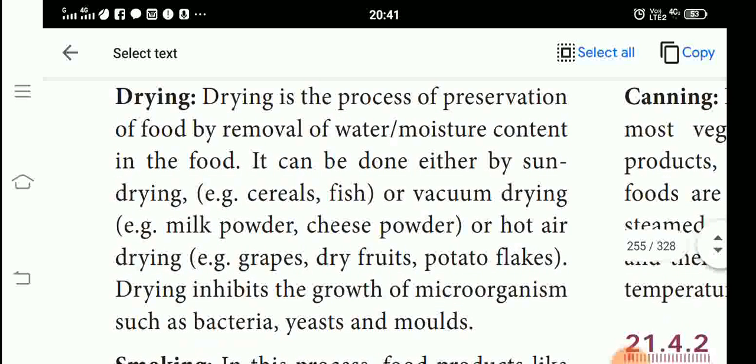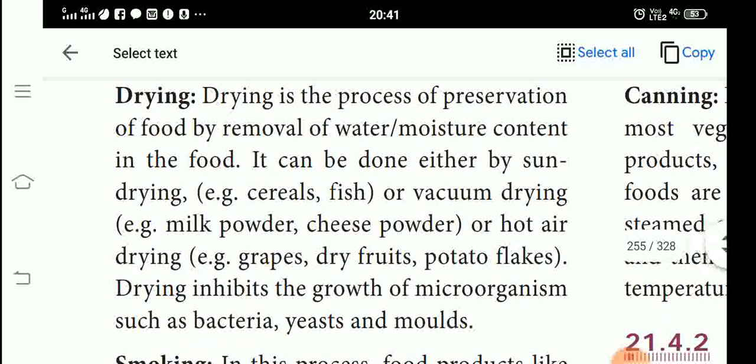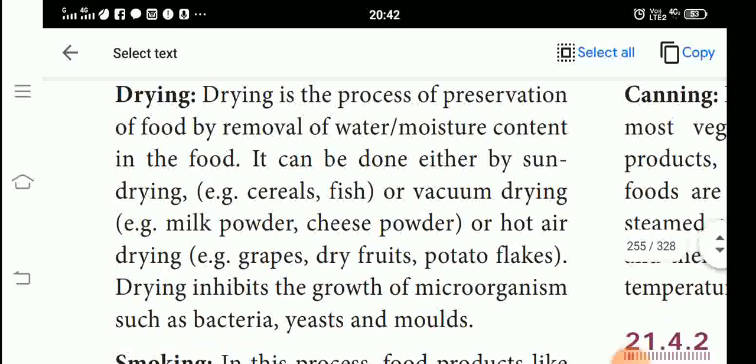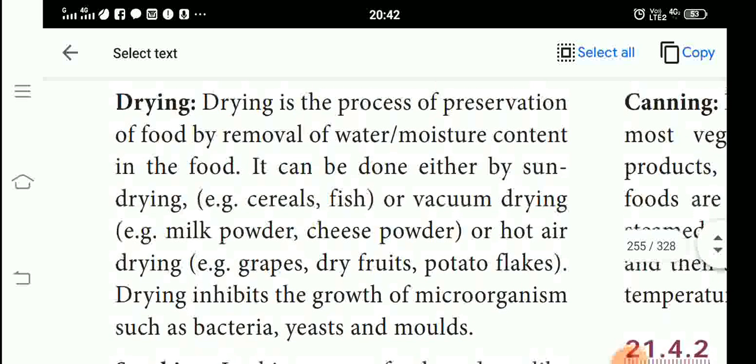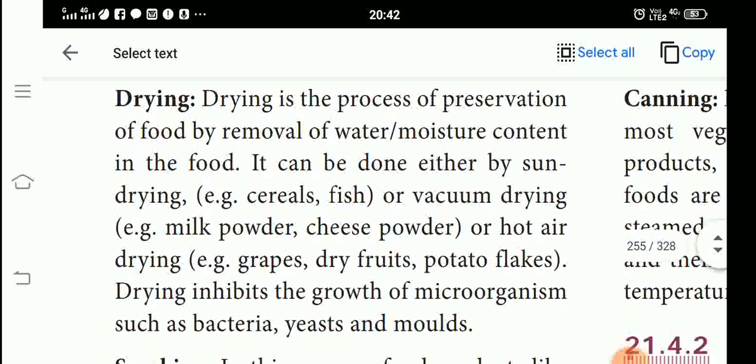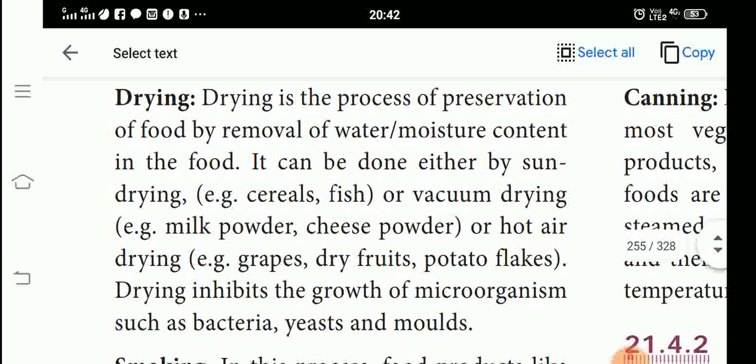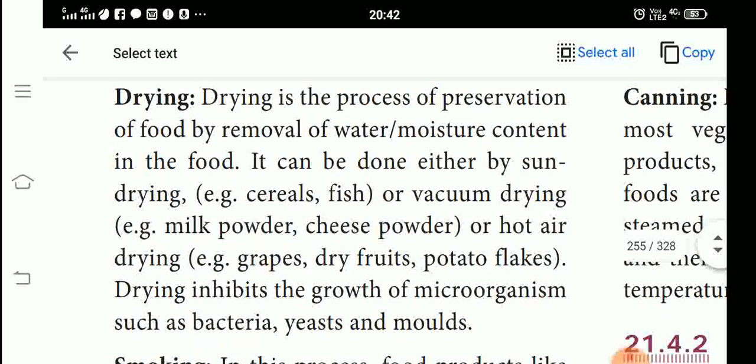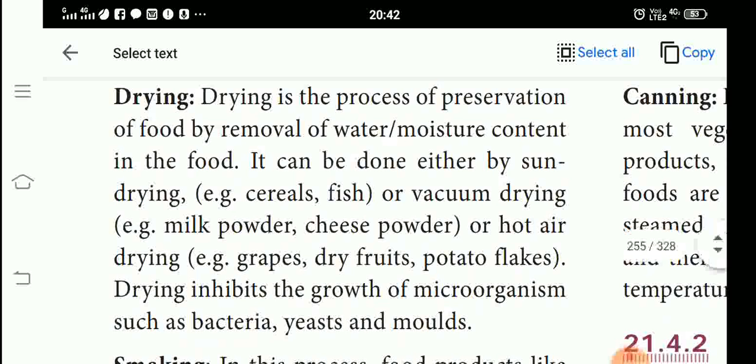I hope you all have noticed in your home that some of the mothers dry their pulses and grains in the hot sun. That is, in the sunlight they are drying some cereals and pulses. While drying, what will happen to the water content in these cereals and pulses?